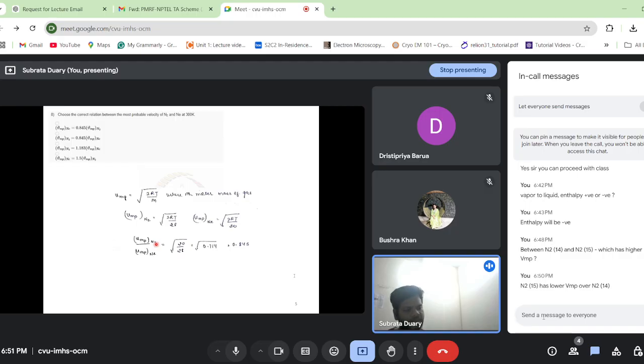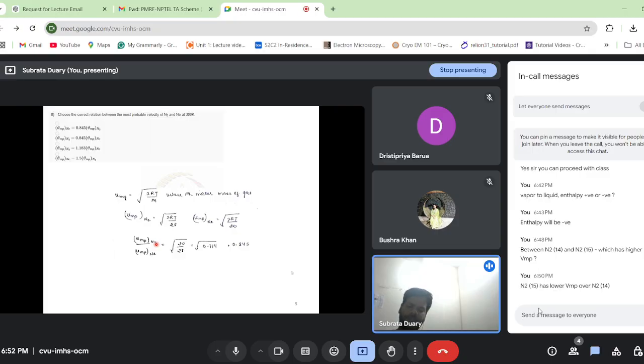Now, most probable velocity: higher is the mass, lower is the most probable velocity. Now if you take a situation where you have nitrogen 14, nitrogen 15, nitrogen 16, nitrogen 16 is not available.